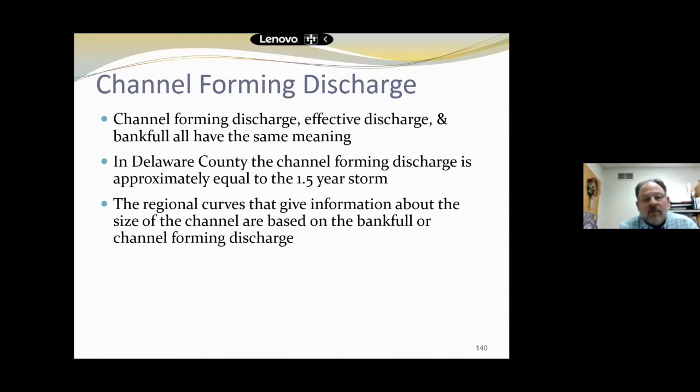So we use these regional curves in order to decide what size the channel should be, what depth the channel should be, and what width that floodplain should be, in order to have a bank full discharge that's just moving sediments and not eroding and not head cutting or depositing material in the channel.